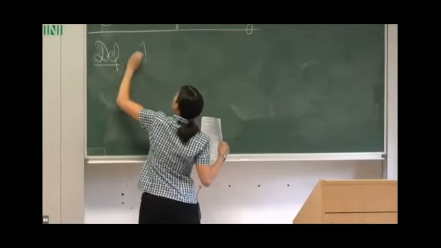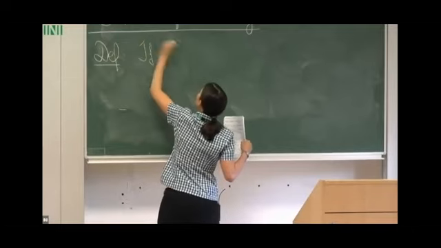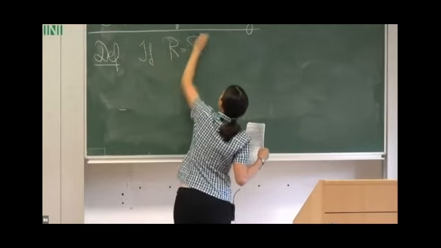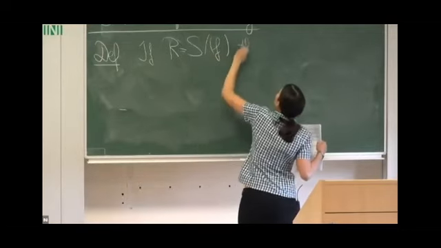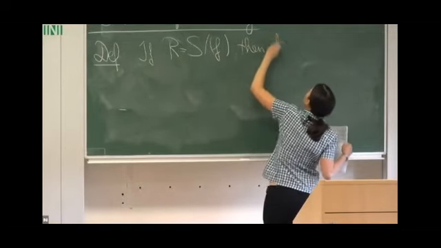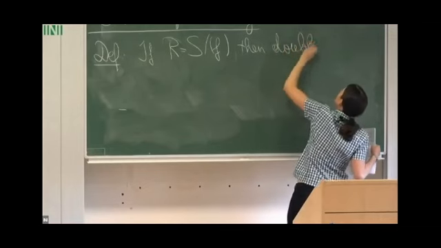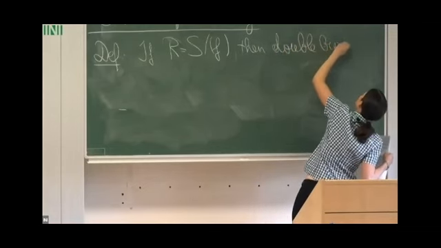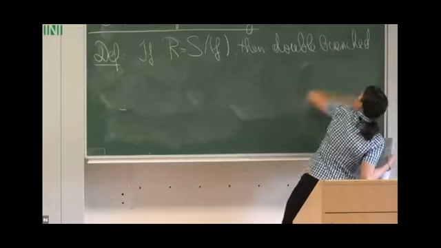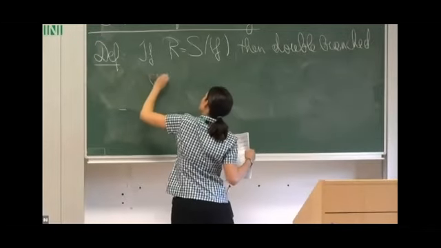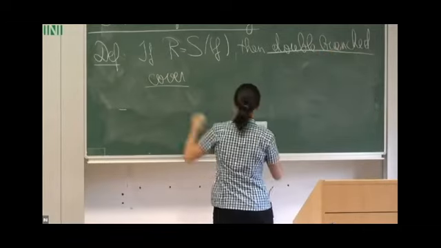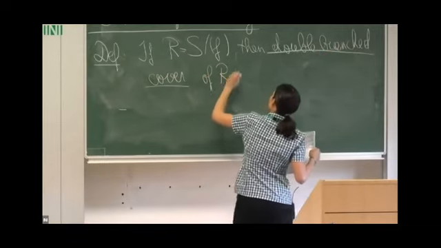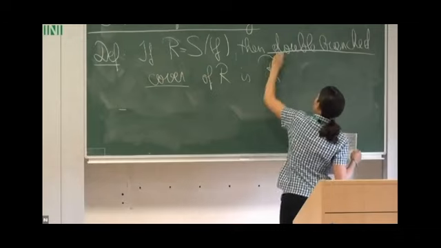So if R is again S mod F, then the double branch cover of R is R sharp.